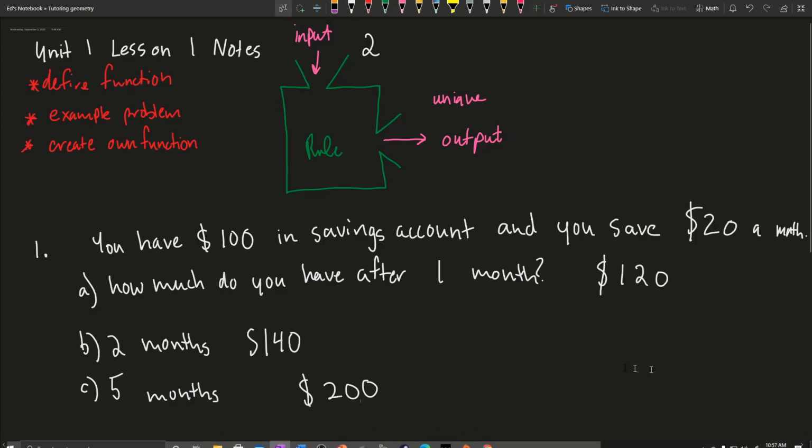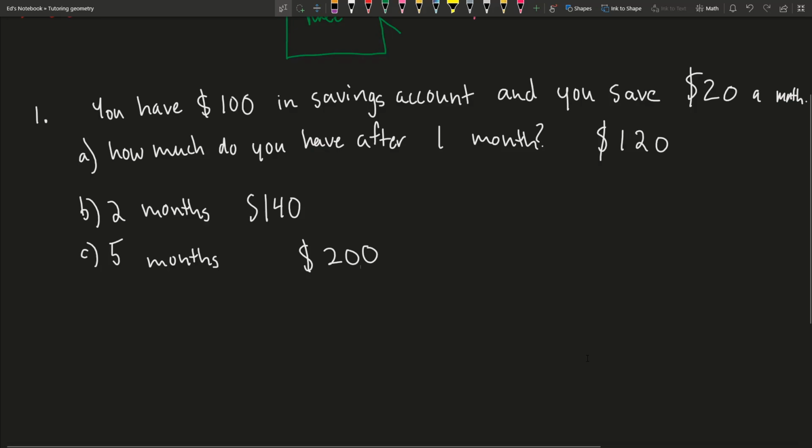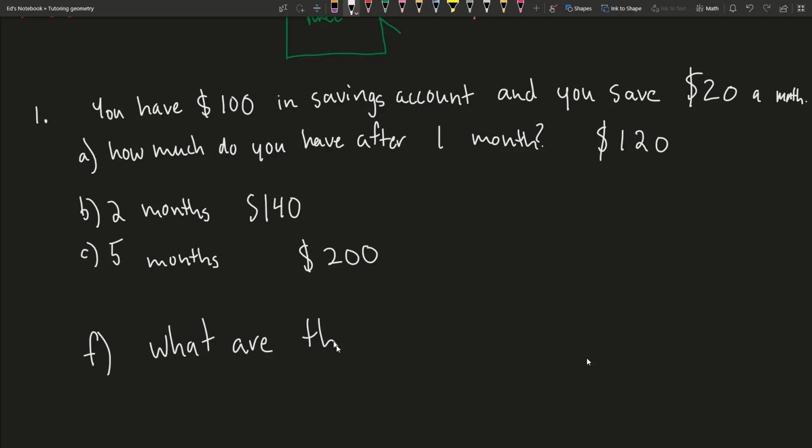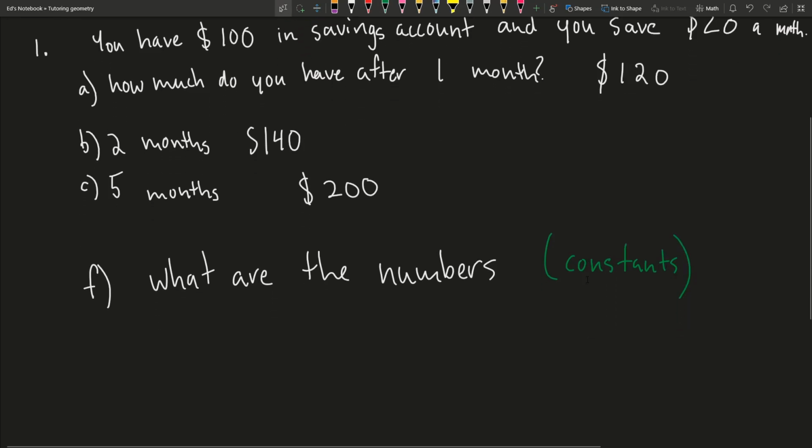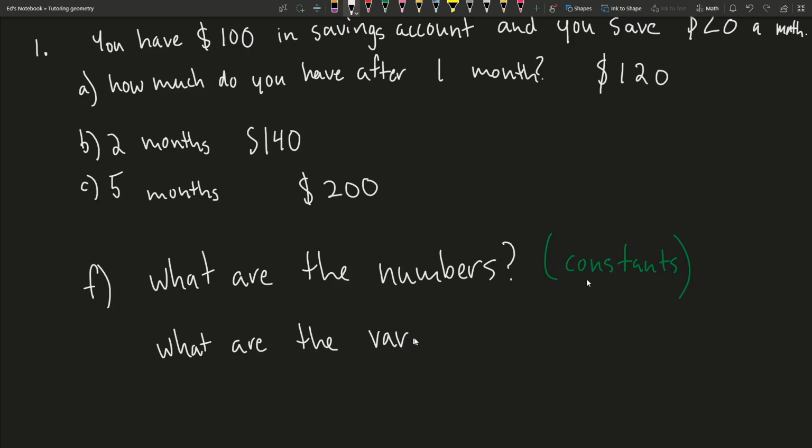So one of the things that we want to think about is, what are the numbers? And we're going to give that a special name. We're going to call that constants. It's just a fancy word for just numbers. And what are the variables?